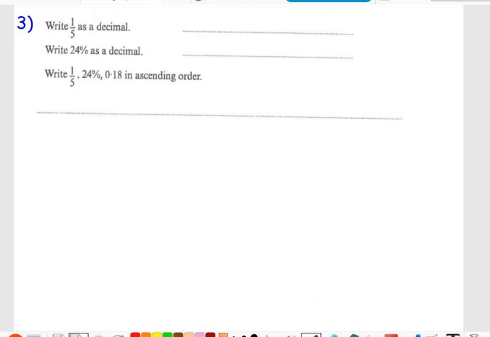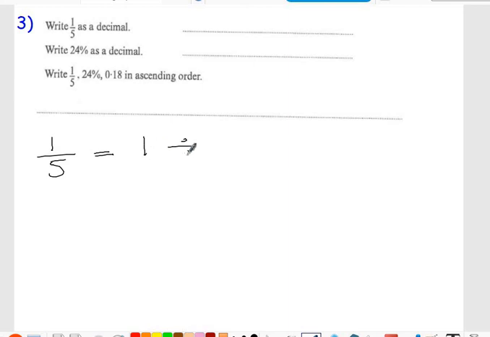One final example then, write 1/5 as a decimal. So there's a couple of ways I know you've been shown how to do this. So 1/5, we can either convert it to a percentage and then to a decimal, or we know this line means divide.